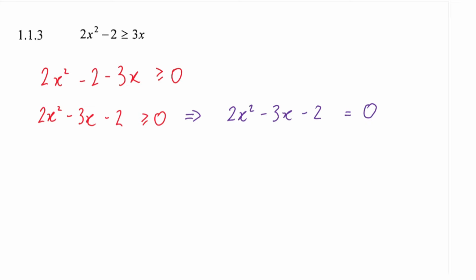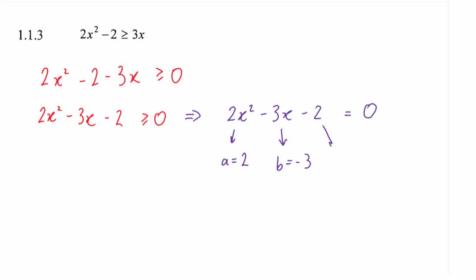We can now solve for x. Now there's multiple ways to solve for x. You can use the quadratic formula. If you have a silver or white Casio, you can plug it into that and you can get your answer. If you use the quadratic formula, then a is the coefficient of x squared, so a is 2. b is the coefficient of x, so b is minus 3.